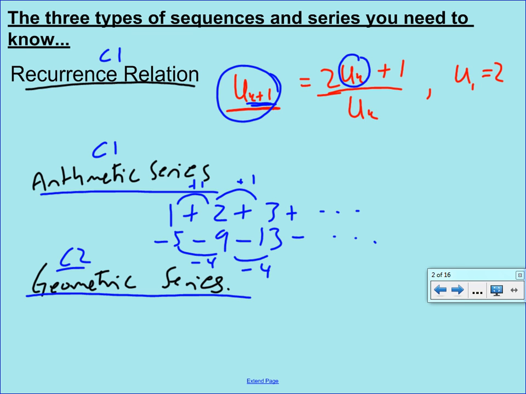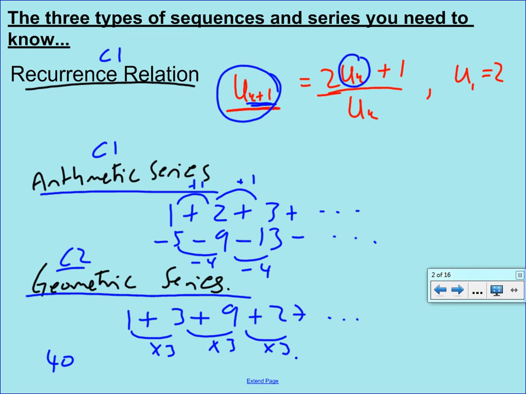A geometric series, however, is when something is multiplied by a common ratio each time. So still pluses or minuses because it's a series, but the relationship between each term, 1, 3, 9, 27, you can see each term has been times by 3, times by 3, times by 3, or it can be divided.